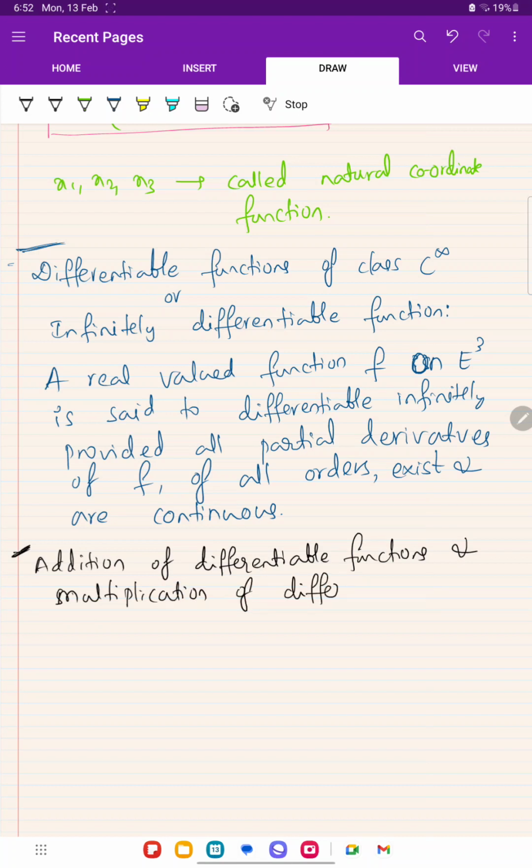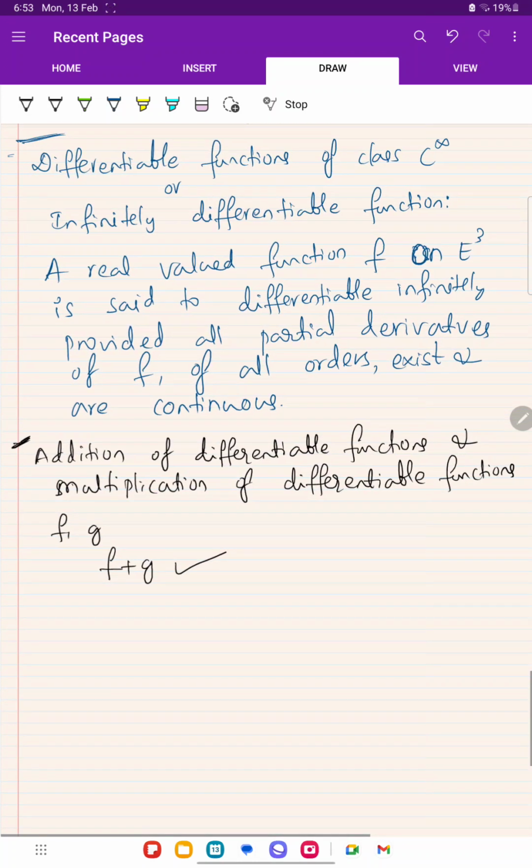Addition and multiplication of differentiable functions. Suppose we have two differentiable functions f and g, then the sum of these two is also a differentiable function, and the product of these two functions, f into g, is also a differentiable function.